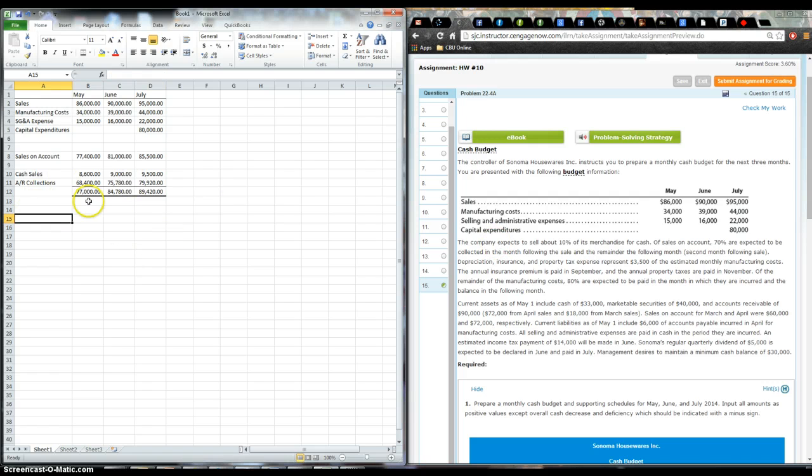So for manufacturing costs, we see that we need to back out $3,500. So we will do cash manufacturing, or let's say non-cash elimination.